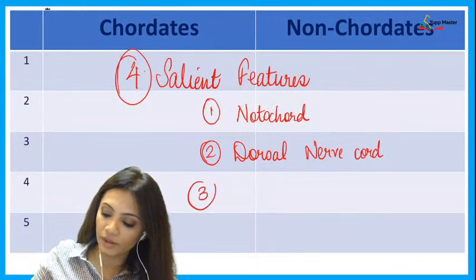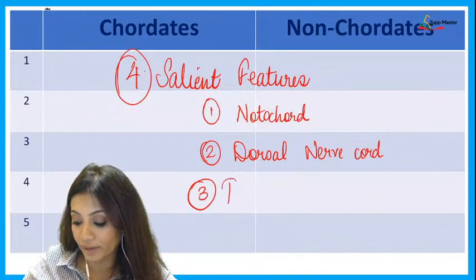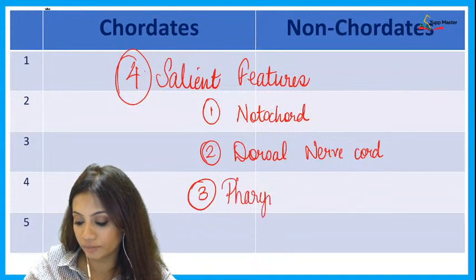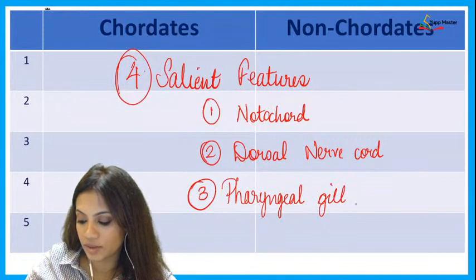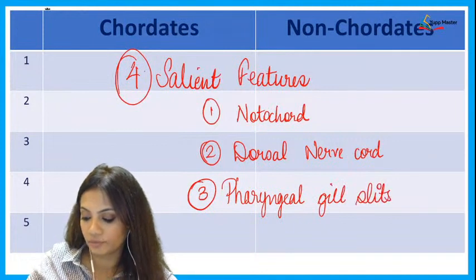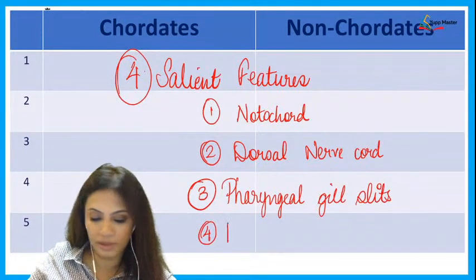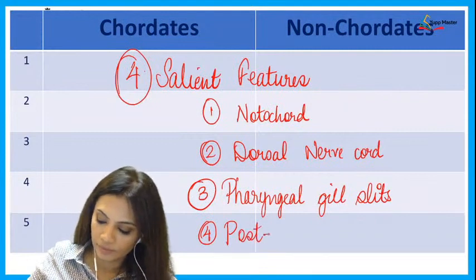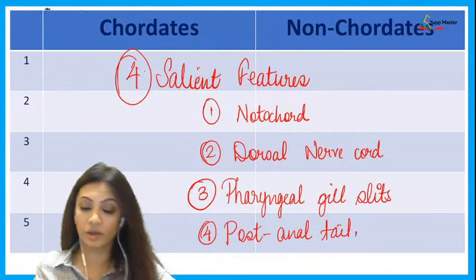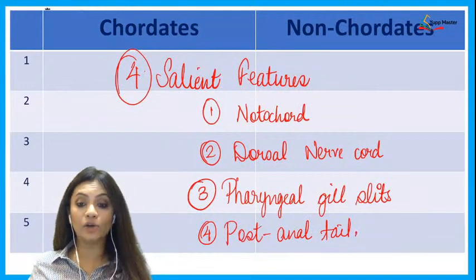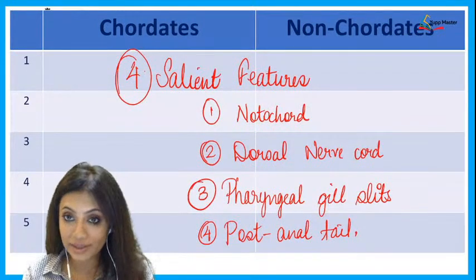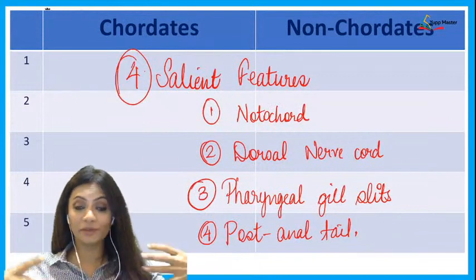Third, there have to be pharyngeal gill slits. And the last one is a postanal tail.